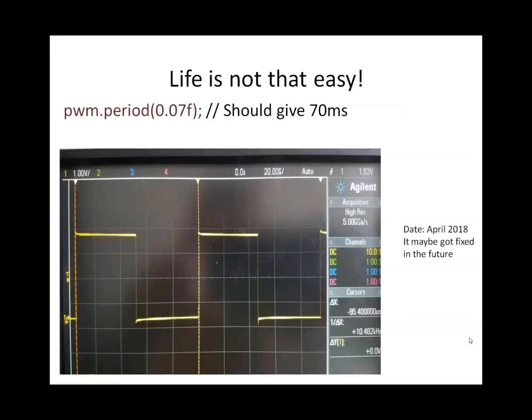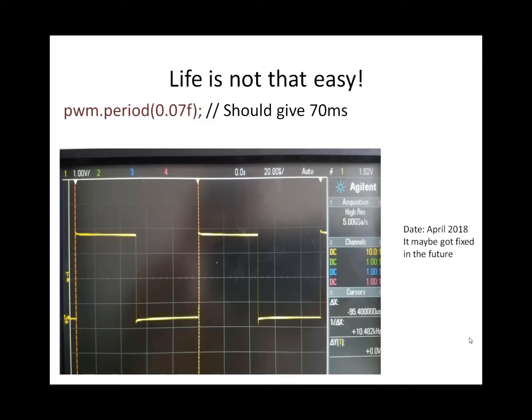Now, life is not that easy. I just assigned here 0.07, so it should give me 70 milliseconds. This was the thread on Piazza. As you can see here, okay, what's the period now here? Anyone can tell?